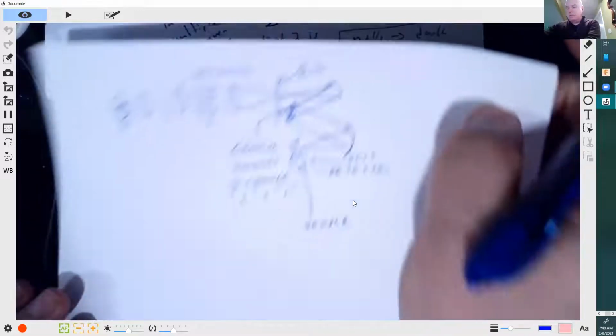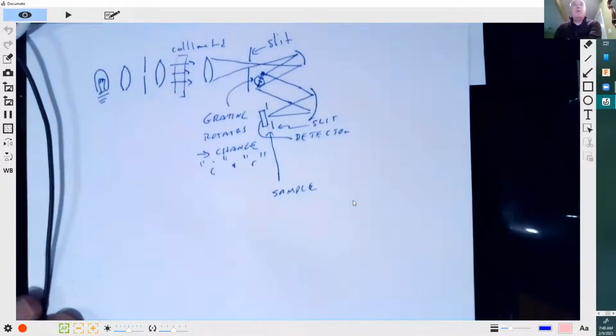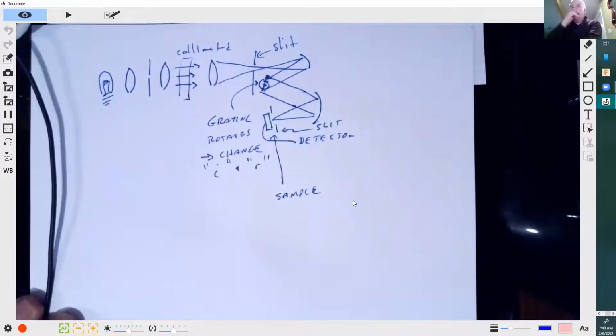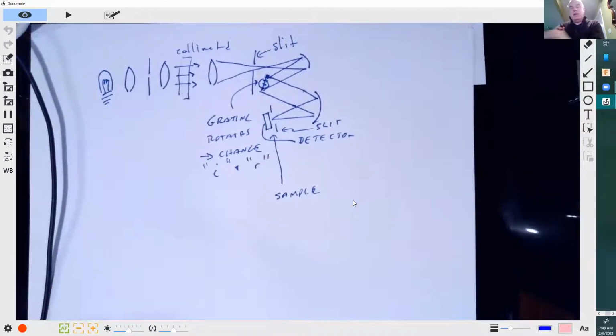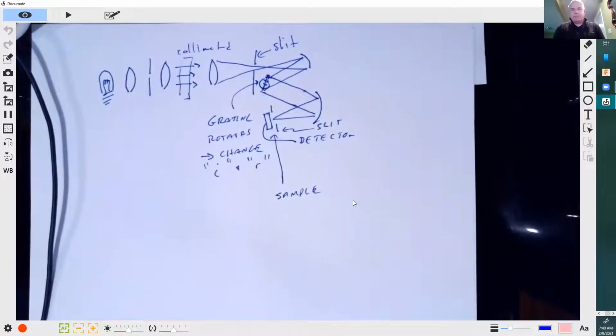Because at that point, you'll only be irradiating the sample with one wavelength of light at a time. So for example, if your source has ultraviolet and visible and, say, near infrared light, a broad range of wavelengths, and you irradiate your sample with ultraviolet light, you can start to damage it.